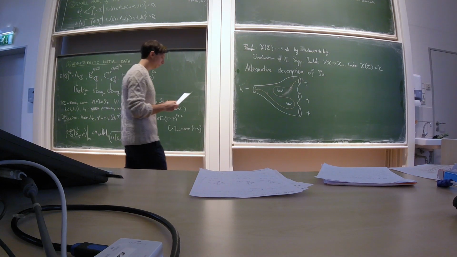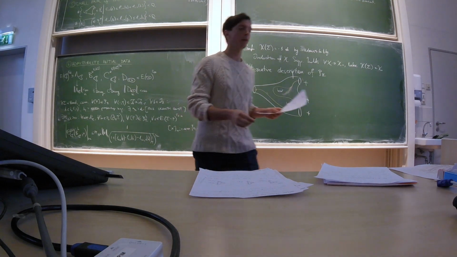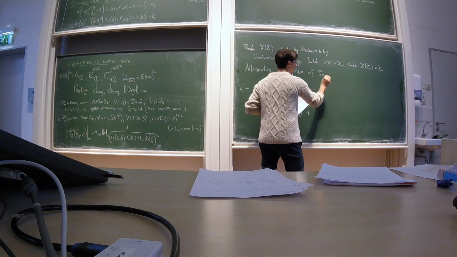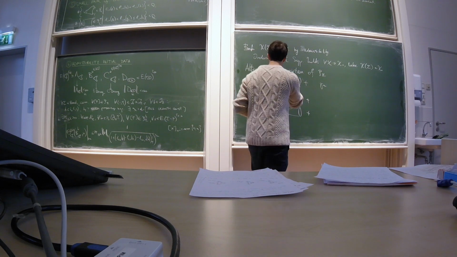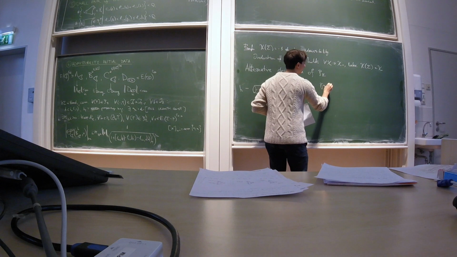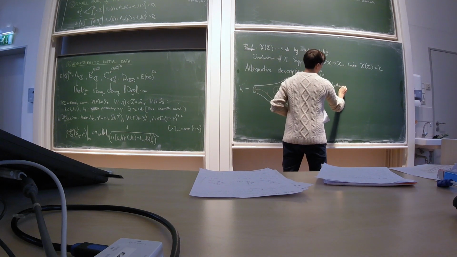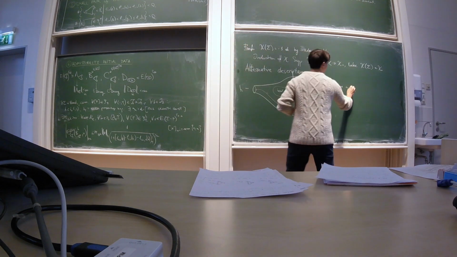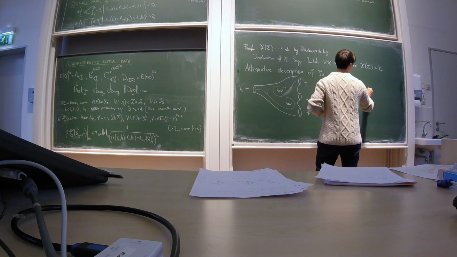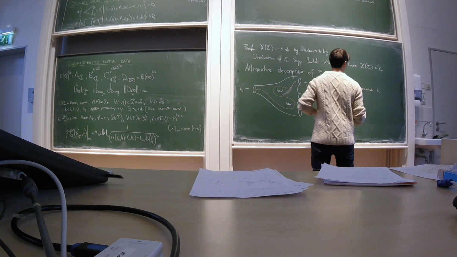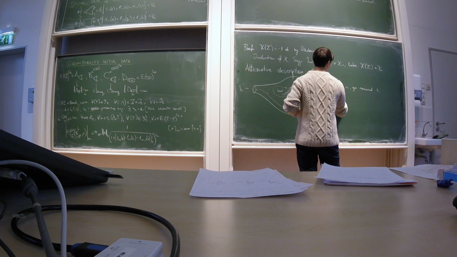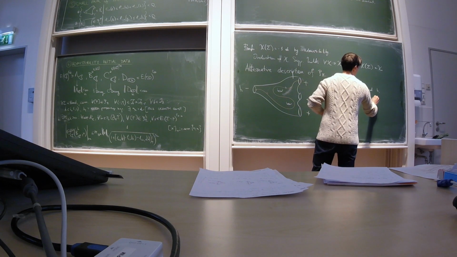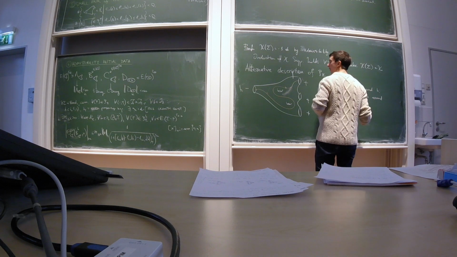Okay, and then I want to consider the following gamma C, which is a curve that is defined in this way. Follow C in this direction, from here to B, then go around B, then follow back C, and then go around V1.